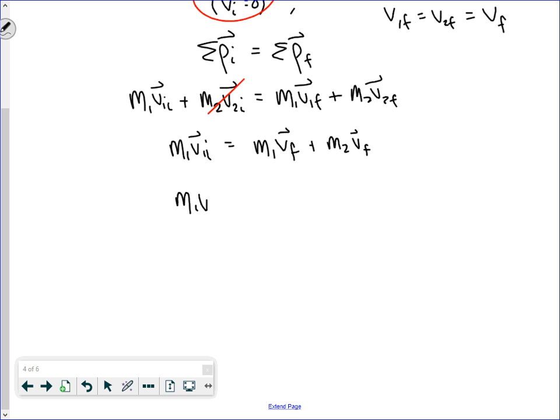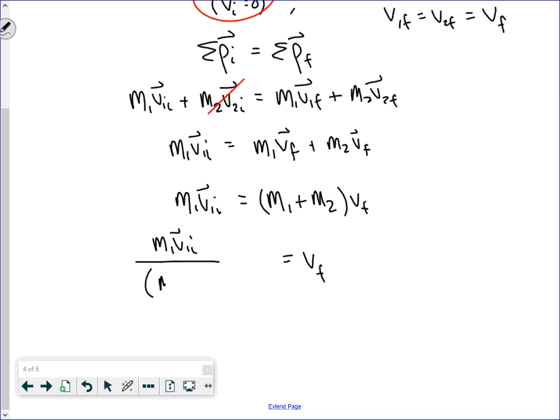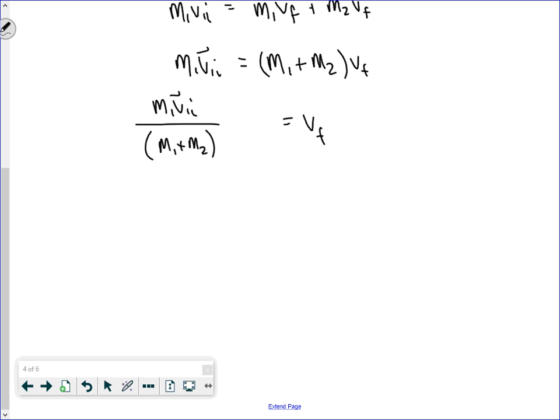It sort of makes sense when you say it like this. It's the two objects stuck together moving at a common final velocity. Now, what are our m's? Ours are m and 3m. If we want an expression for our v final, it's going to be m1 v1 initial divided by the sum of our two masses. For us, that is m v1 initial divided by m plus 3m.